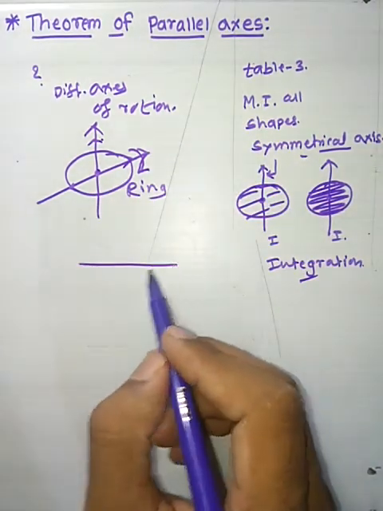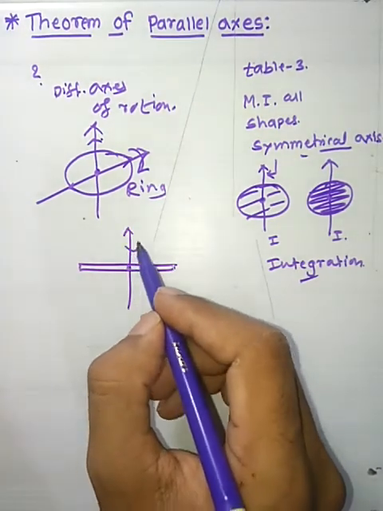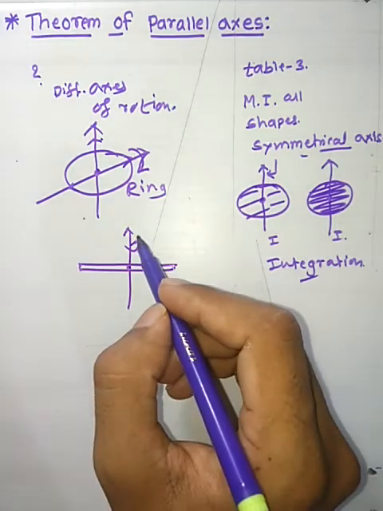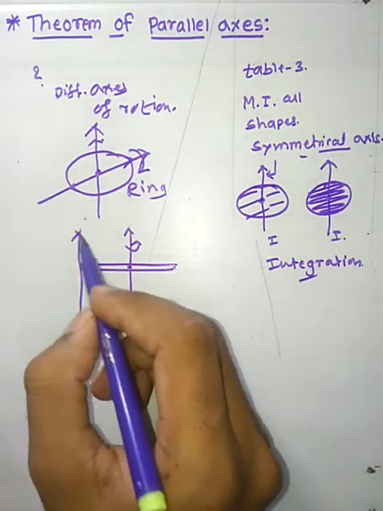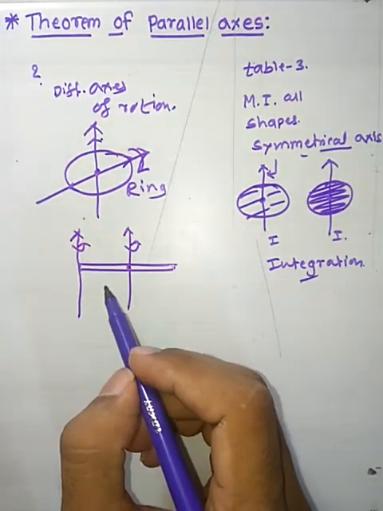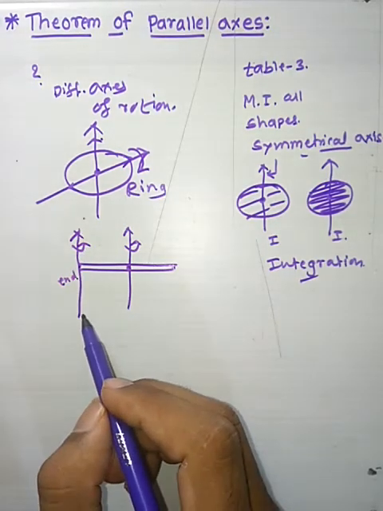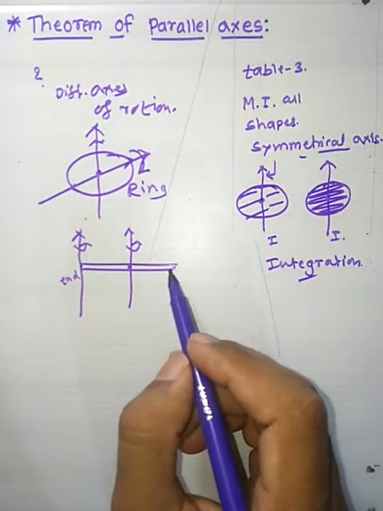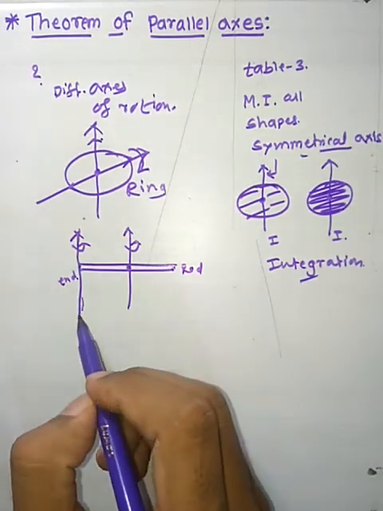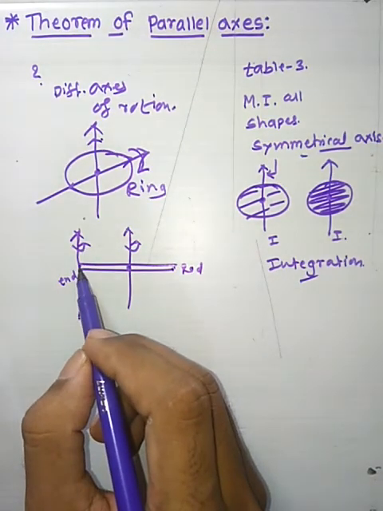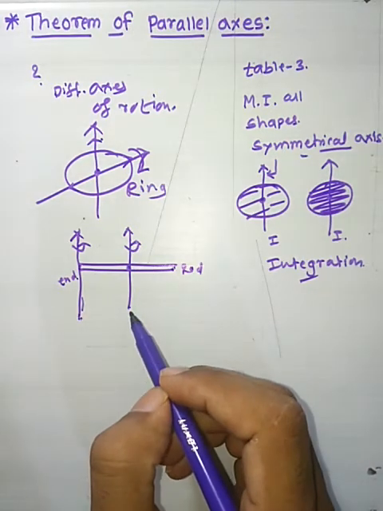And if you consider a rod, at its center of mass the axis is present, and that axis is known as the axis of symmetry. And if we consider that rod performing rotational motion about an axis passing through one of its ends, then this axis is parallel to the central axis of symmetry.